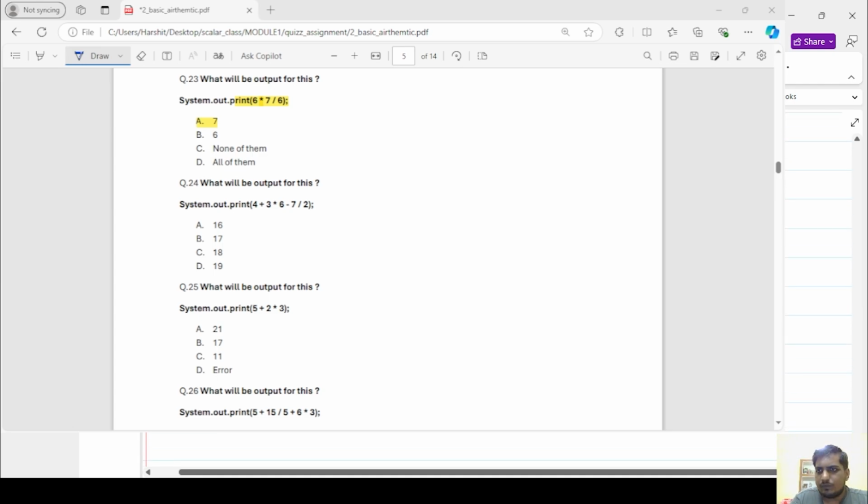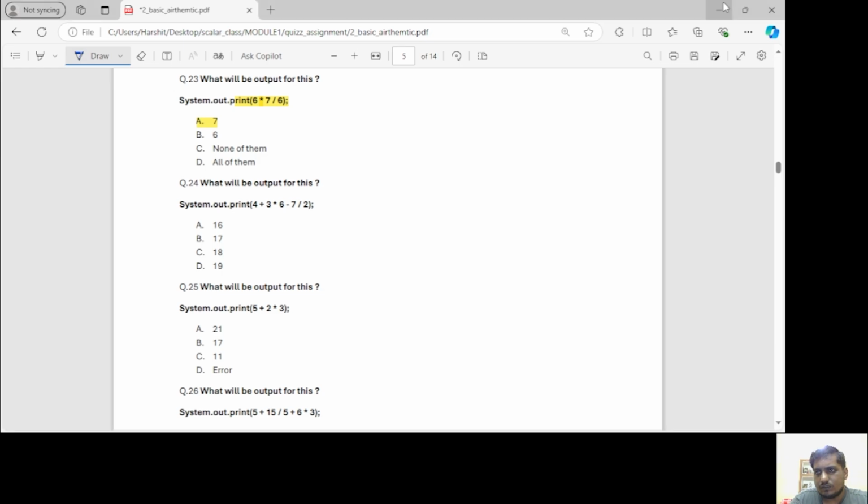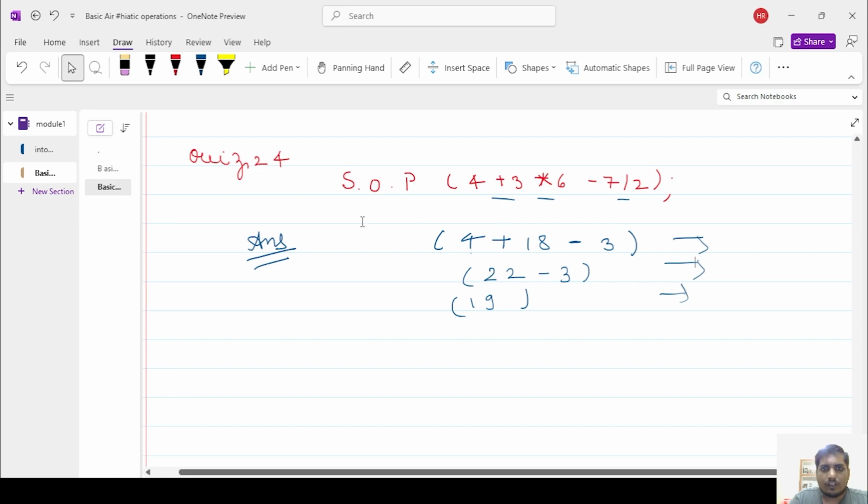Now we'll come to the next question. Sorry, the display is not visible here. See that question again. 4 plus 3 is given, so 4 will be right here. On the left side we see multiplication, then subtraction, then division.